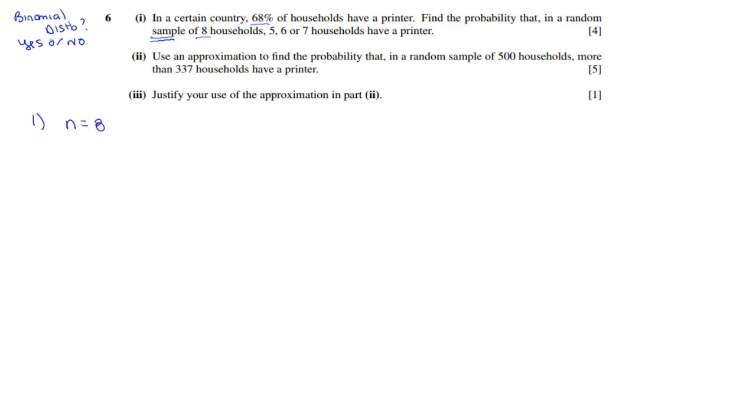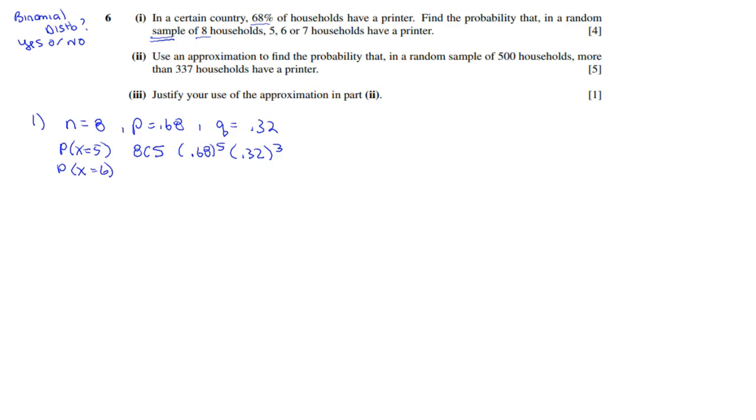We know the probability of success. It's 68%. So all I've got to do now is find the probability of failure, which is 1 minus 0.68, or 0.32. And if I'm going to find the probability of a binomial distribution, first I have to find them for each individual one. I'm going to use the combinations, 8 choose 5, and then the probability of success to the power 5, and the probability of failure to the power 8 minus 5.